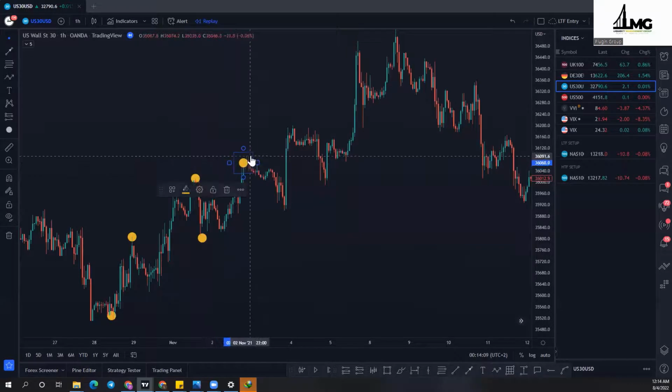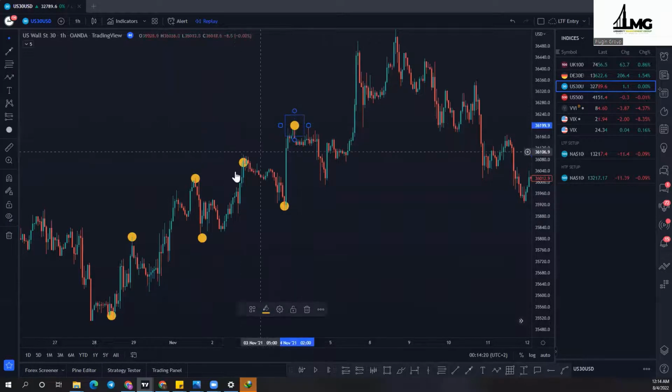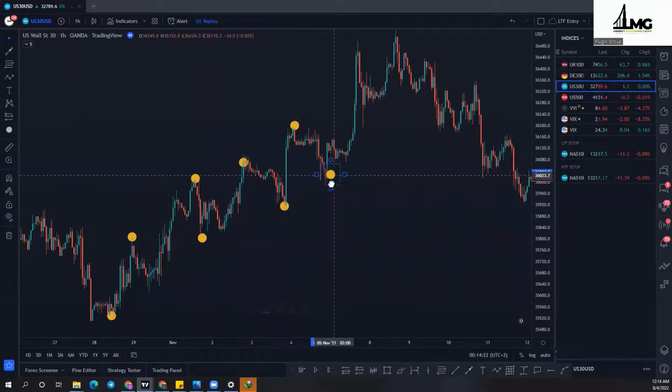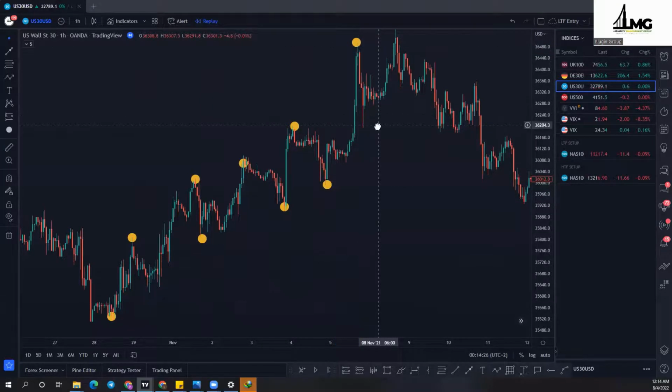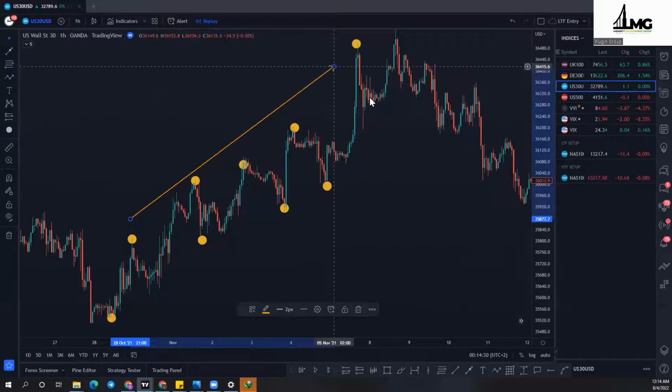And then it goes and forms another high that's higher than the previous high, and then it goes for a low that's higher than the previous low, right? And then it goes for a high that's higher than the previous high, another low that's higher than the previous low, and then another high, right? So this is what characterizes an uptrend.